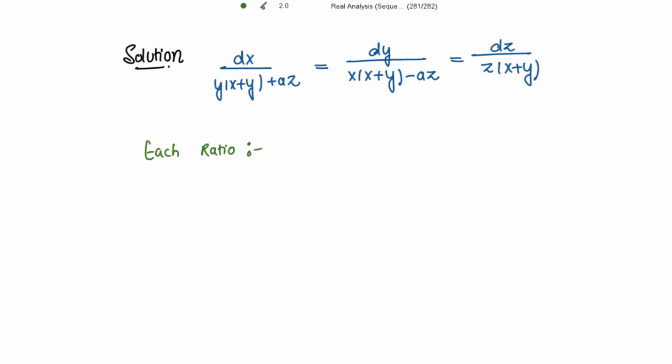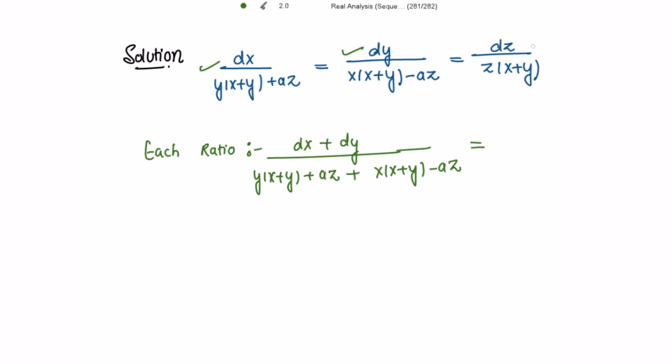So let's get the ratio by adding these two. Each ratio, that is dx plus dy divided by the denominator of the first ratio added to the denominator of the second ratio, is equal to the third ratio, that is dz divided by z into x plus y.